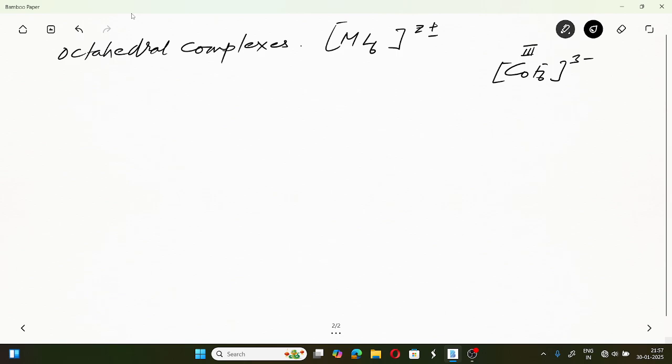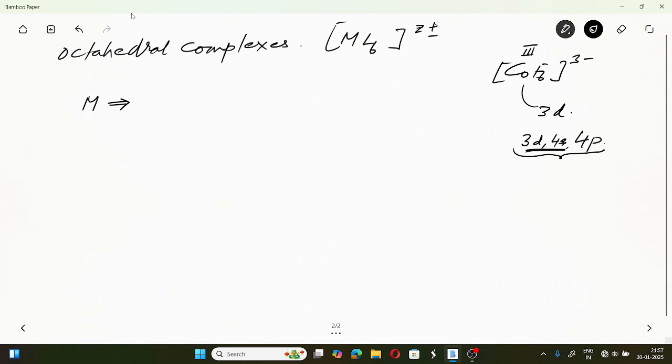Now the orbitals of the metal which should be involved in bonding should be the outer orbitals. So if it is a 3d metal, the outer orbitals will be 3d, 4s, 4p, isn't it? Because these are the outer orbitals, they are involved in bonding, and we have to consider the outer 4p orbitals also.